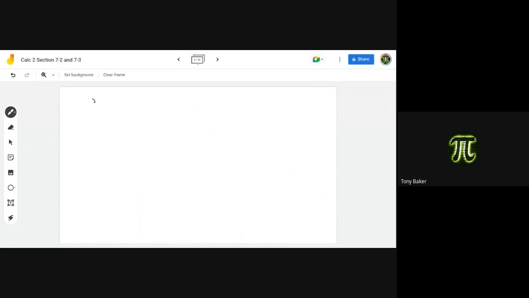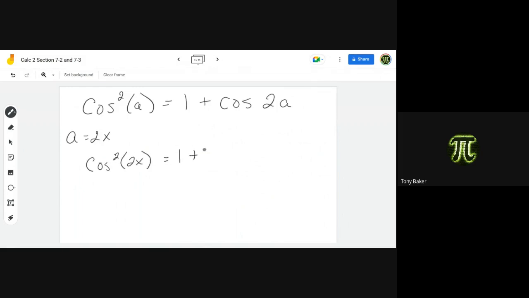So cosine, hold on, let me actually rewrite it with a different letter. Cosine squared a is 1 plus cosine 2a. If a is 2x, this now becomes cosine squared 2x equals 1 plus cosine 2 times 2x.